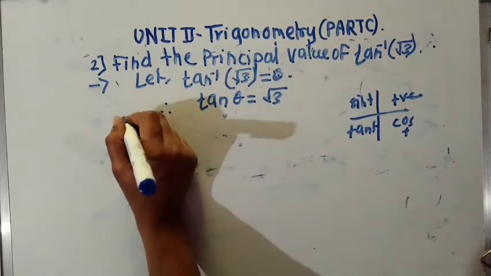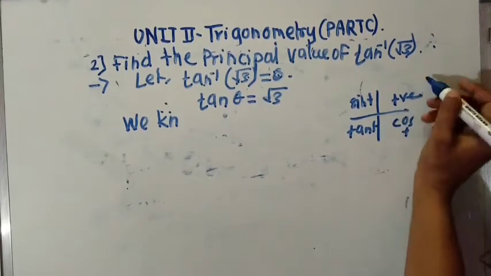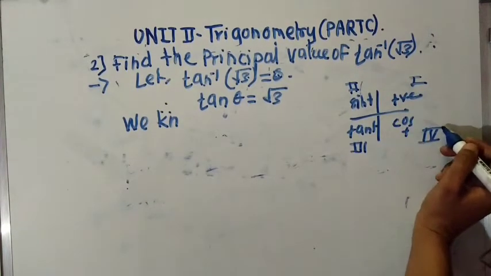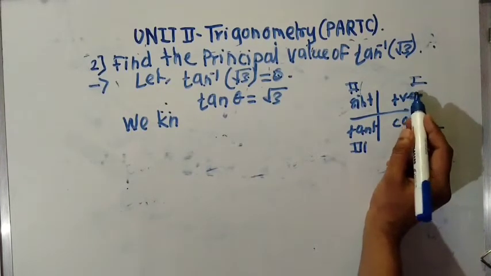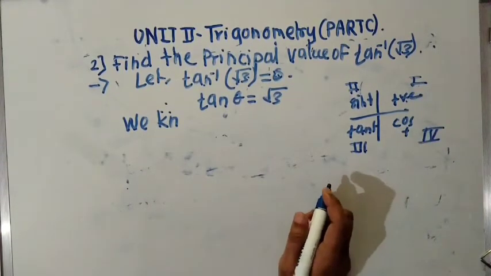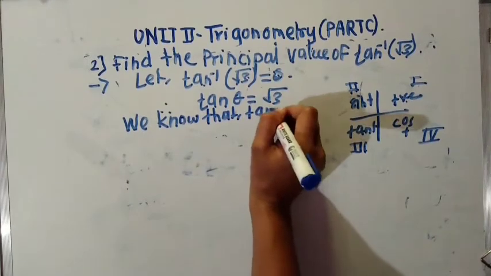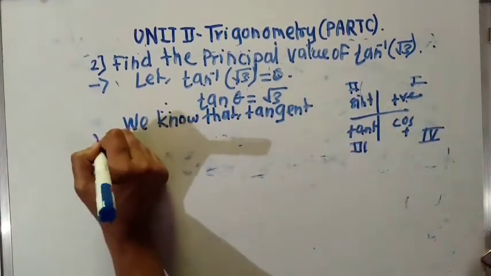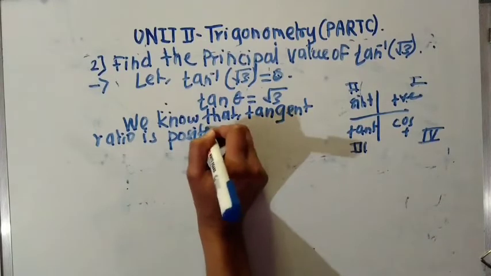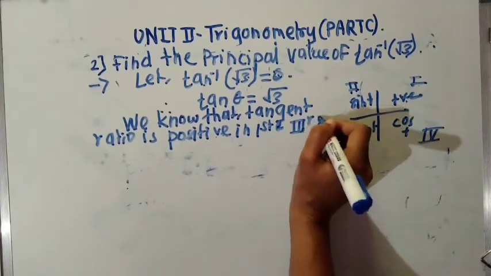Hence we know that the tangent ratio is positive in first and third quadrant.